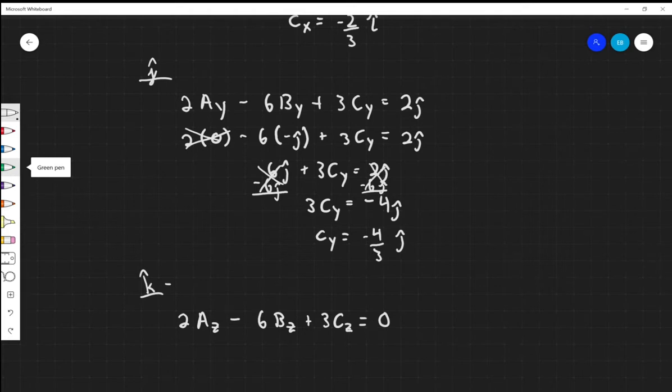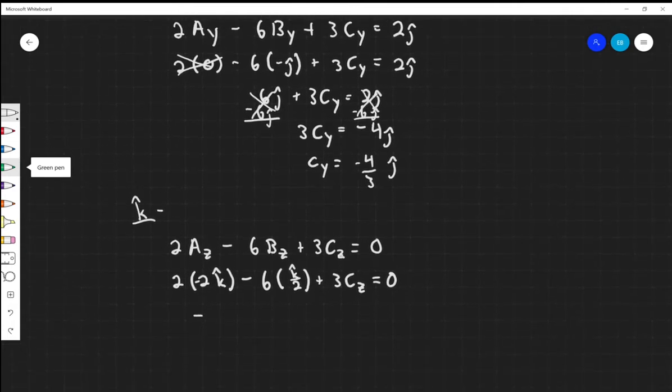So when I do this out, in the z direction, I have 2 times a sub z, which was 2 k hat, with a negative out front, minus 6 times bz. bz was k hat over 2, plus 3 times cz. This has to be equal to 0.